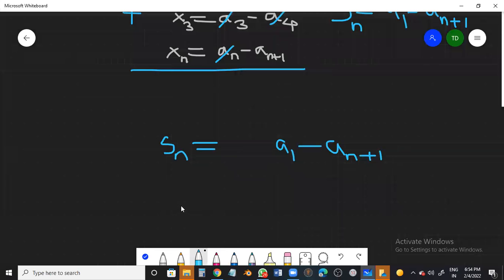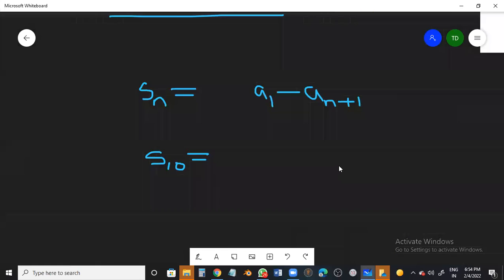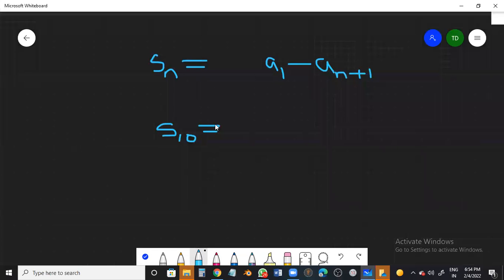Now, my question to you is, what will be S10? A1 minus A11. What will be S50? A1 minus A51.